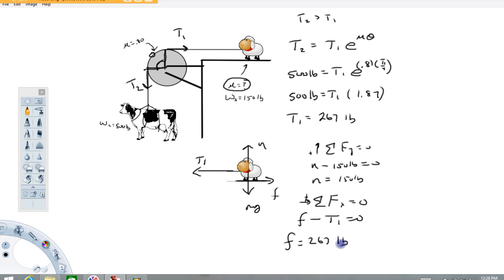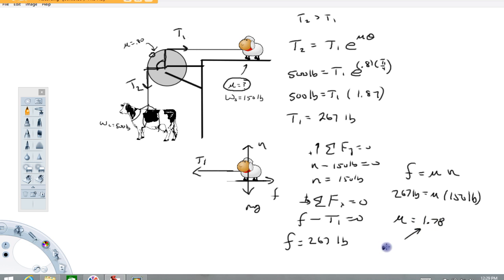The frictional force is the coefficient of friction times the normal. This is 267 pounds, and our normal force is 150 pounds. So the required coefficient of friction to keep this static would be 267 over 150, which is 1.78.